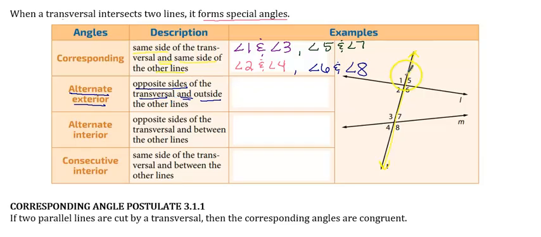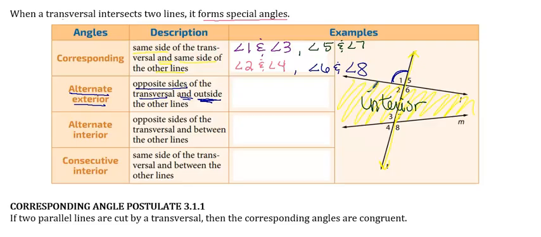So first of all, if I pick angle 1 up here, it has to be on the opposite side of the transversal. In that case, my options are 5, 6, 7, and 8. But it says it's outside the other lines, because see how 1 is outside? It's exterior. Anything inside those two other lines, that space, is called interior.